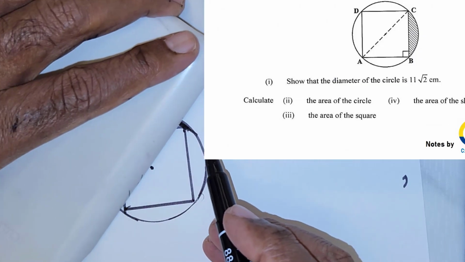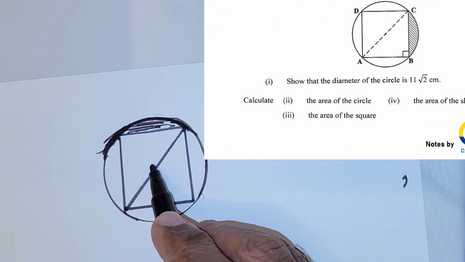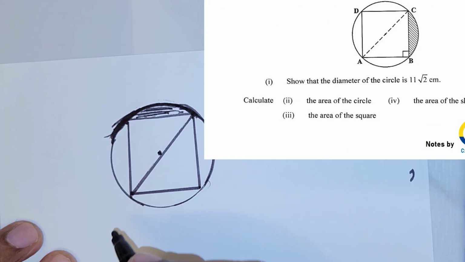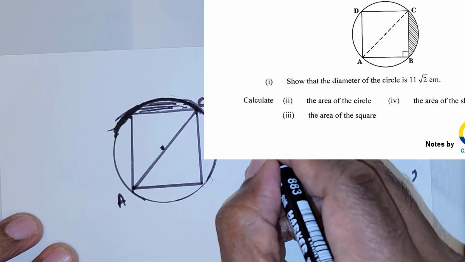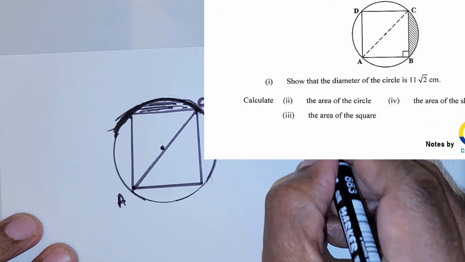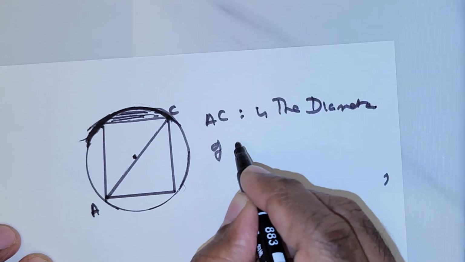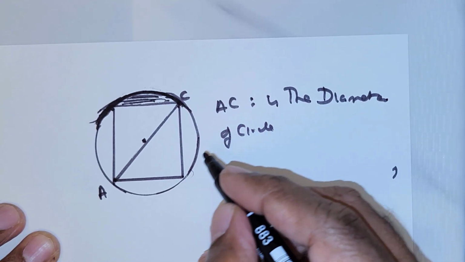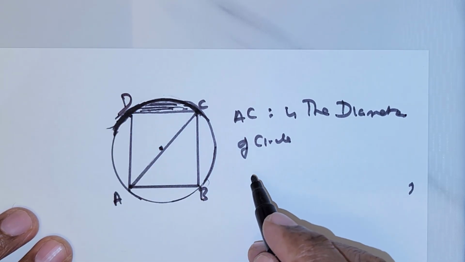This is the diameter. AC is the diameter of the circle. This point is B, this point is D.